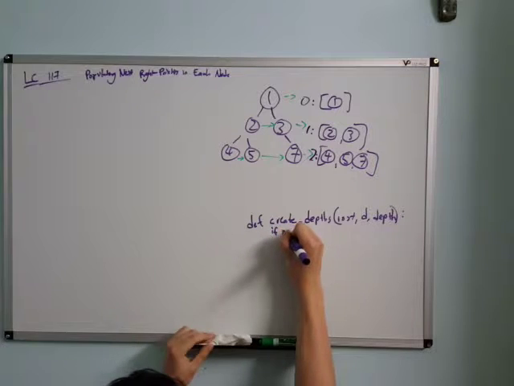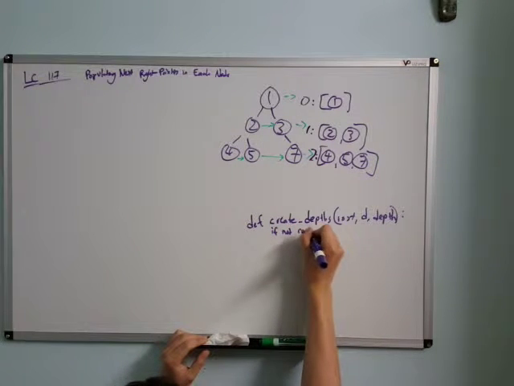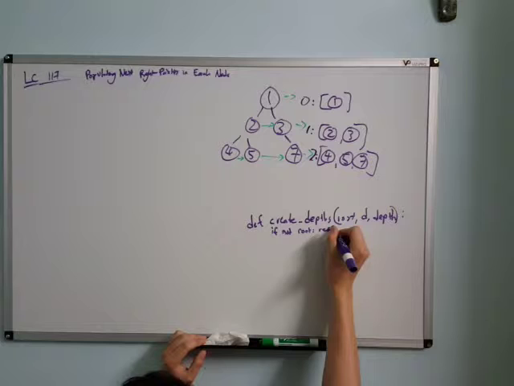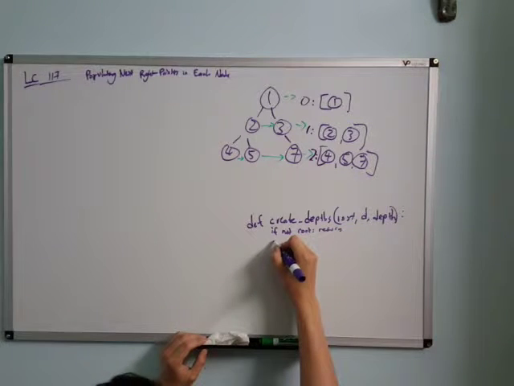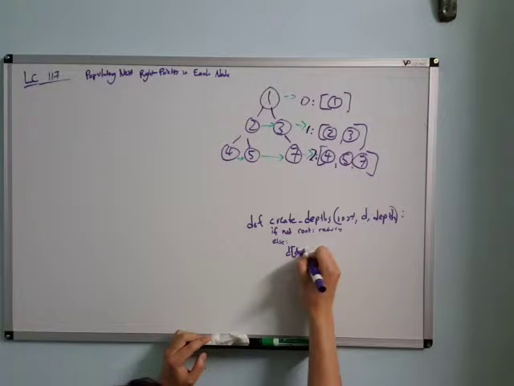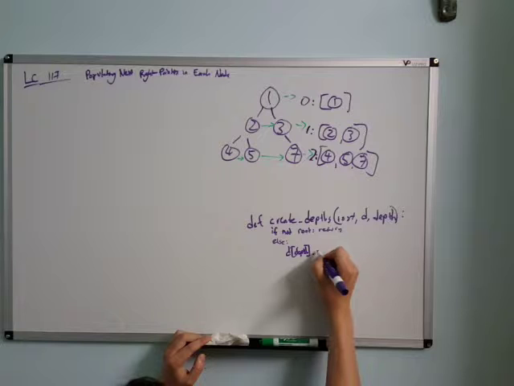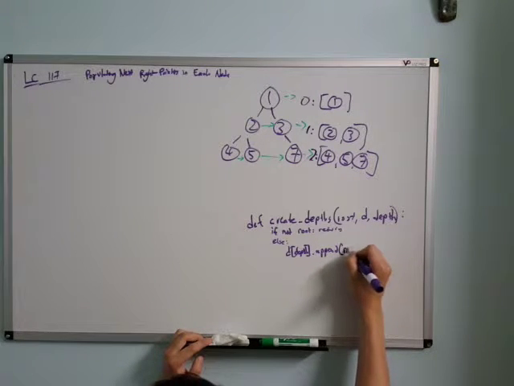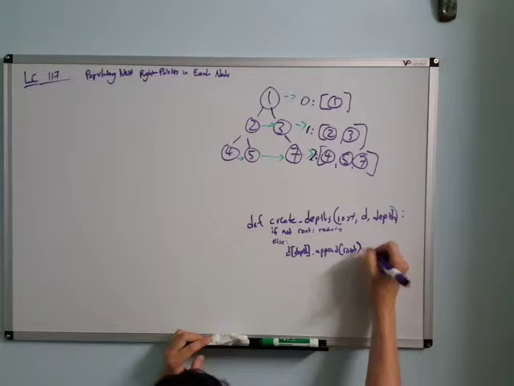If not root, we return and don't do anything. Else, we'll say d at depth, append root, the entire root, not just the value.